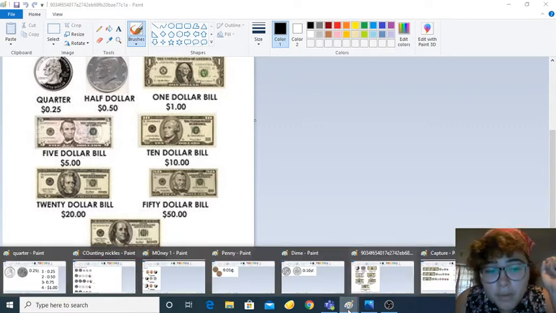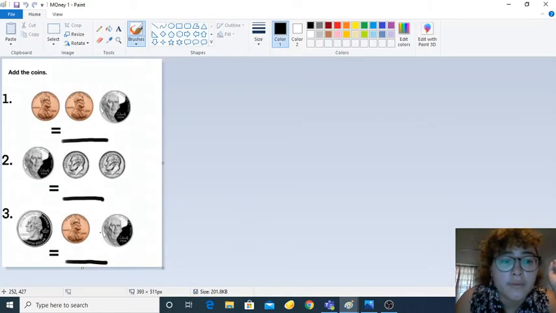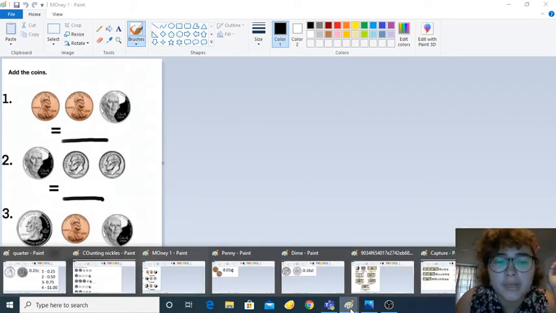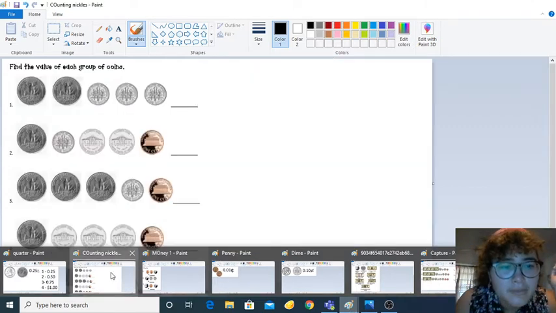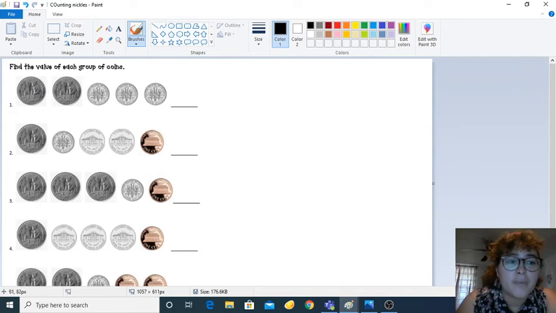So I'm going to head on over here. And to start us off easy, we're going to first just add the coins together. I think this one might be a little too easy for you guys because we already did that one. And we are going to be doing some that we've seen already, but I'm going to use this one that's a little bit harder. So over here, we have number 1, 2 quarters, and 3 dimes.